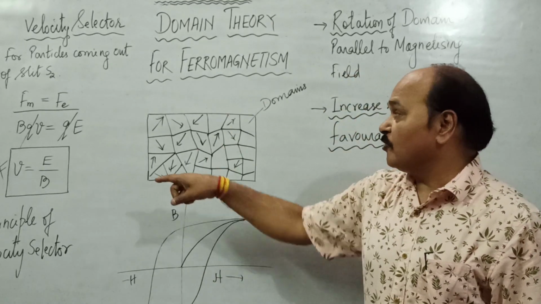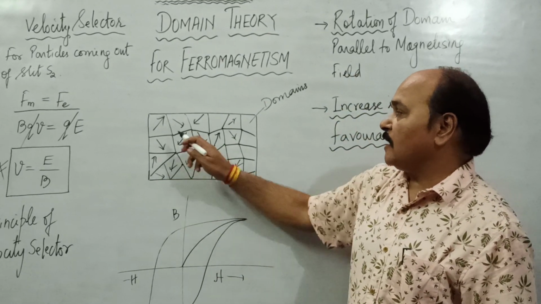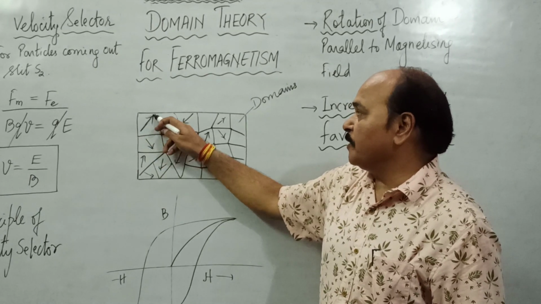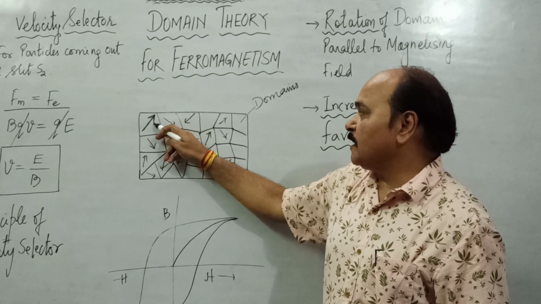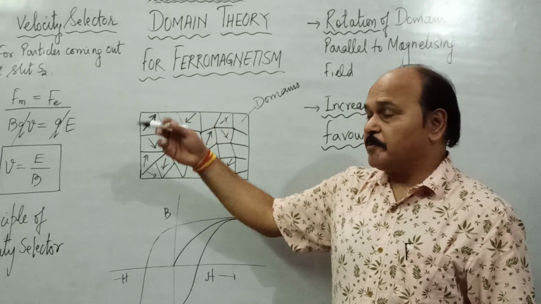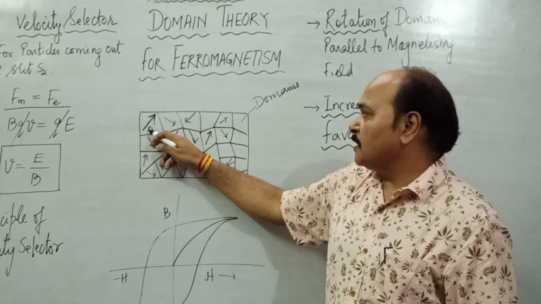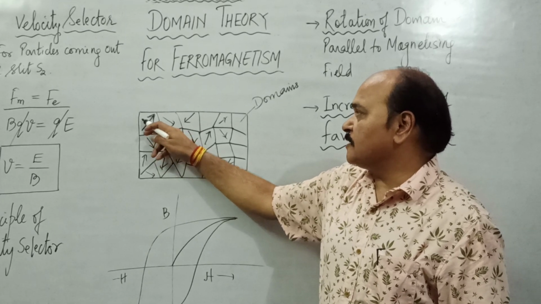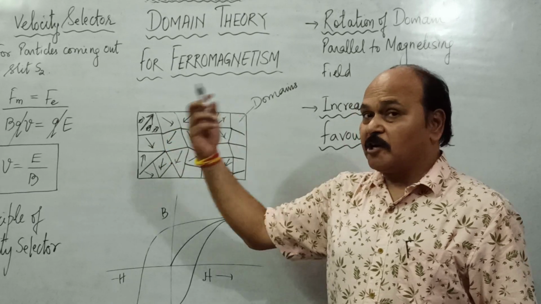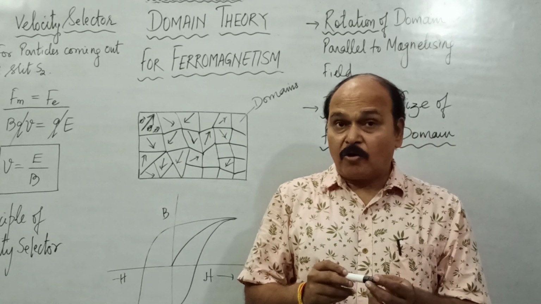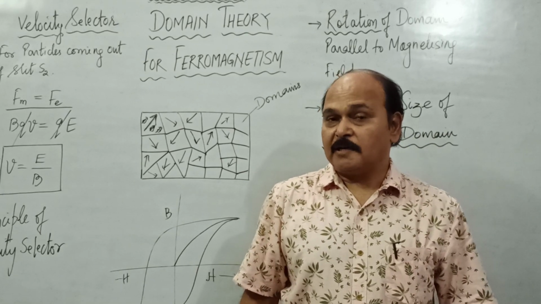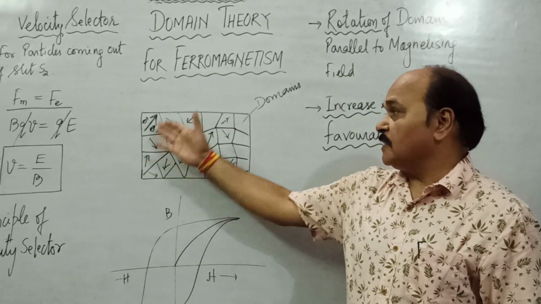And in every domain, all atomic dipoles are in the direction of the magnetic dipole moment of the domain. If the net dipole moment is in this direction, this is simply because all atomic dipoles have their dipole moments in this direction. So in every domain, the atomic dipoles are all parallel to each other, and the net dipole moment is of course in the same direction.